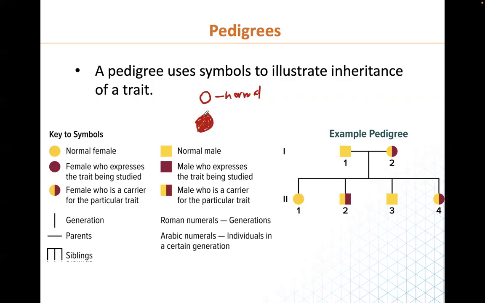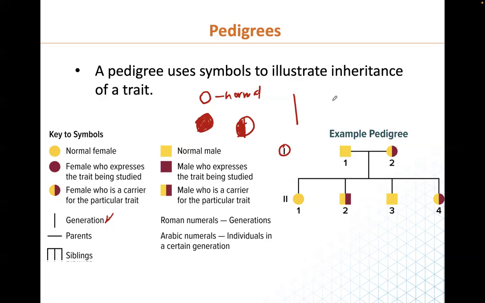So this is the female who is having the disease. But a female carrier would have half shaded and half not shaded. So a female carrier would be like this. This line you see stands for a generation. So this is one generation, and this means there is another generation, a second generation.